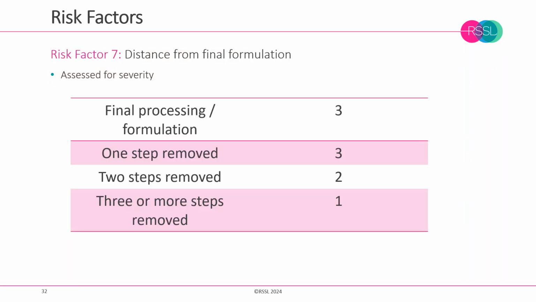The seventh risk factor is related to the manufacturing path. As we move downstream through pharmaceutical manufacturing, related to the distance from final formulation or the distance from finished product, the inference is that the closer we get to the end, there are going to be fewer microbiological reduction steps.